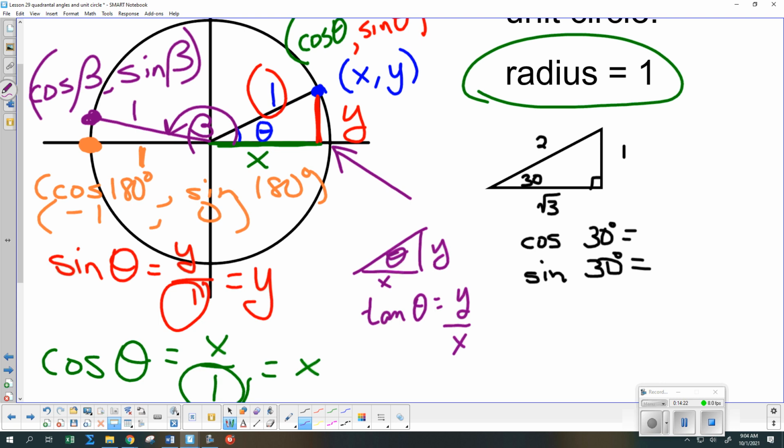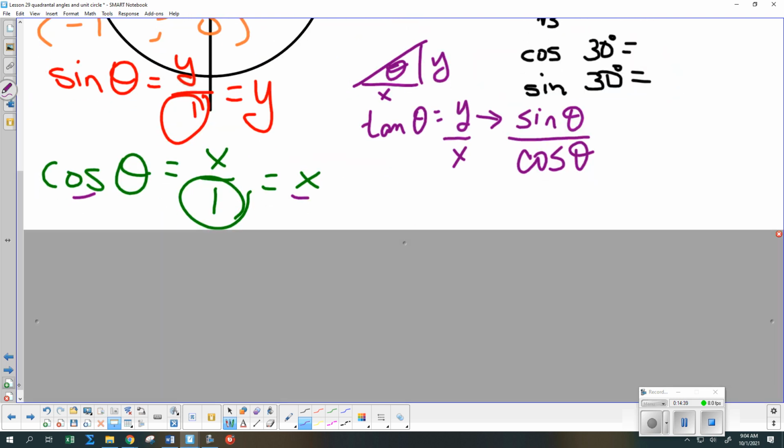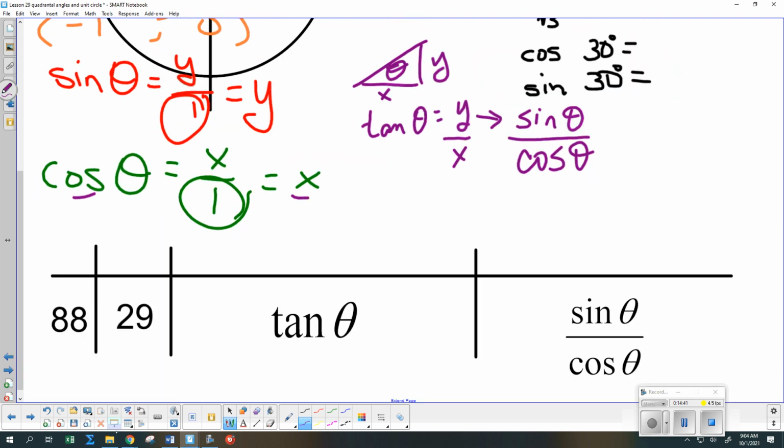But y is also the sine of the angle, and x is also the cosine of the angle. So another definition for tangent, if we aren't in a right triangle, tangent is also sine over cosine.